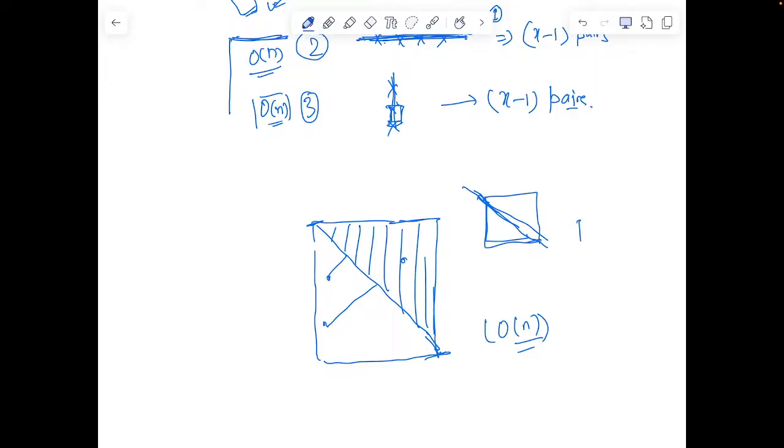That pre-computation could be of all the points, no, we just want an answer.